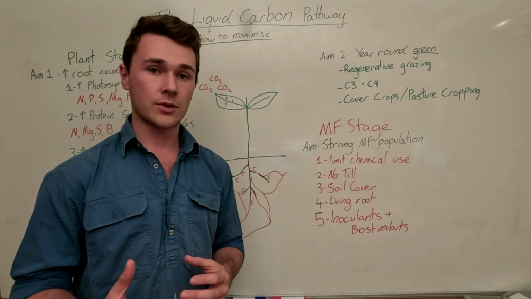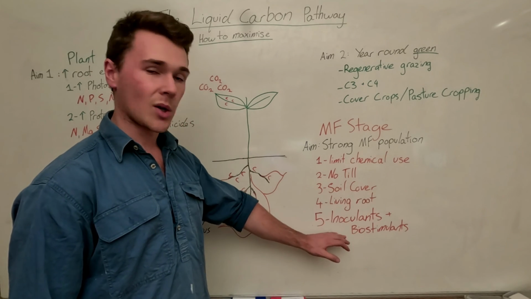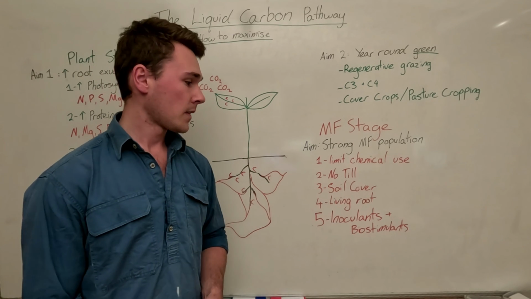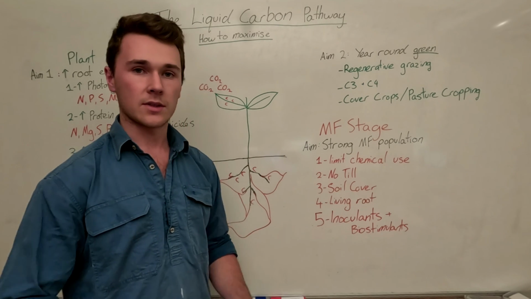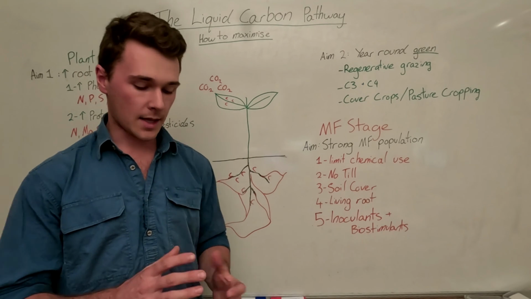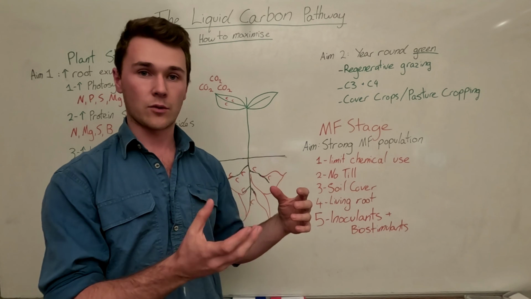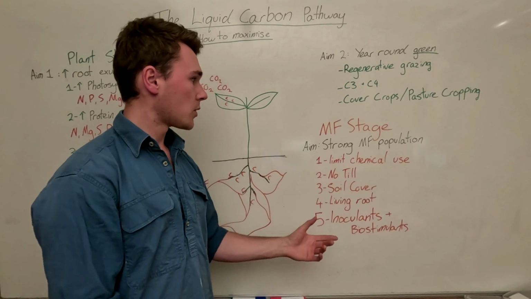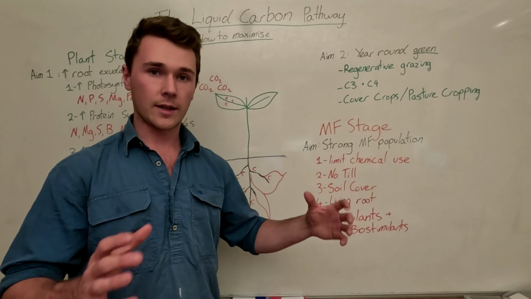Finally, if we have a history of a lot of fallow or long fallow, adding a mycorrhizal fungi inoculant is quite important just to get those populations re-established, and then biostimulants to stimulate the overall soil biota. So all of these things will help our plants to fix more carbon in a really rich energy form as a lipid, and then give them to our mycorrhizal fungi to then produce humus all year round.